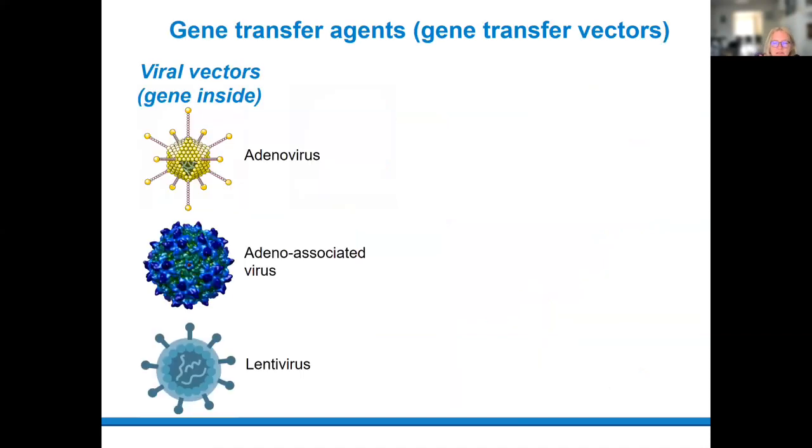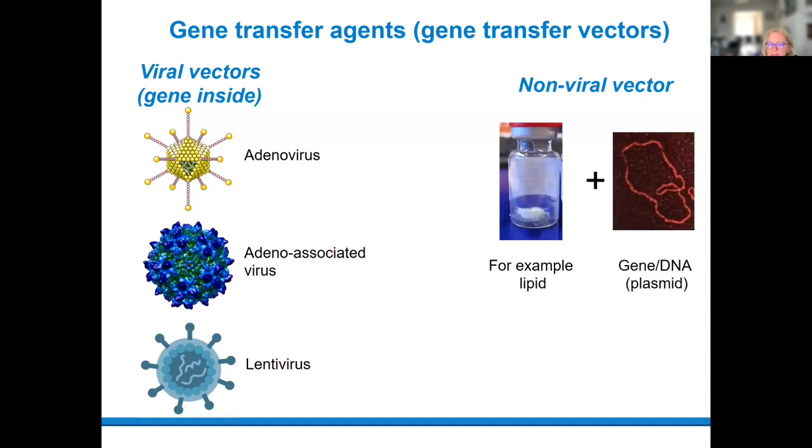Now, when we talk about gene transfer agents, it's just important to understand what we mean. Gene transfer agents fall broadly into two different categories. One category is based on using viruses, viral vectors, and we have a variety of viral vectors that we are using. They all have fancy and complicated names. They all have slightly different properties.